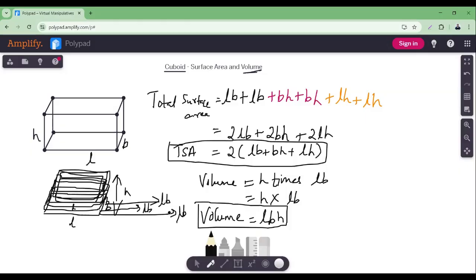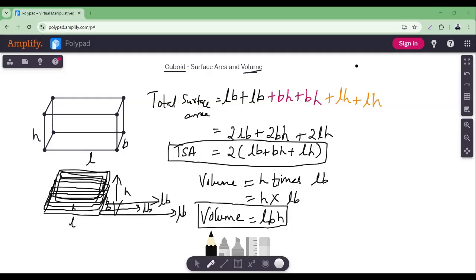I hope you understood what is the total surface area of a cuboid and also the volume of the cuboid. In this way, if you learn and remember these pictures, then you don't have to memorize the formulas. As math champions, I know what you have to go and do next. You have to go and practice some problems using these formulas, because until and unless you use something that you've learned, you're bound to forget it.